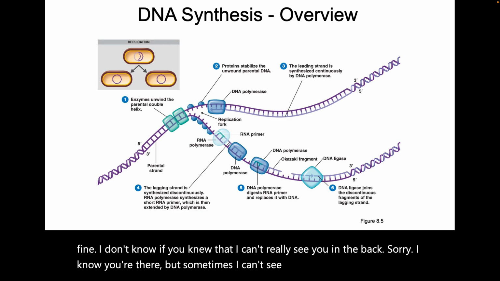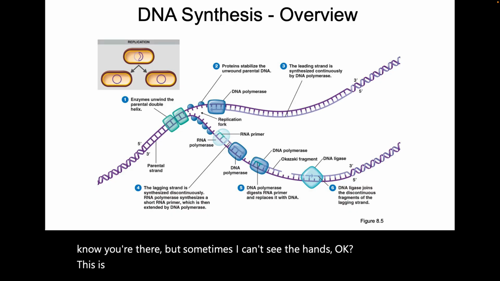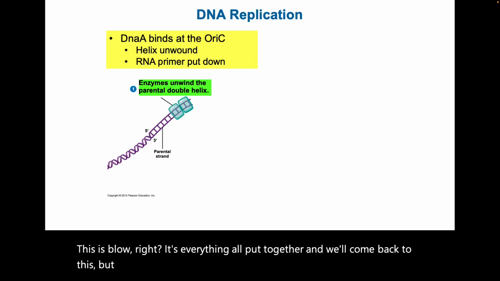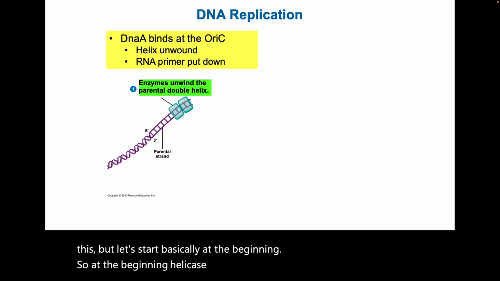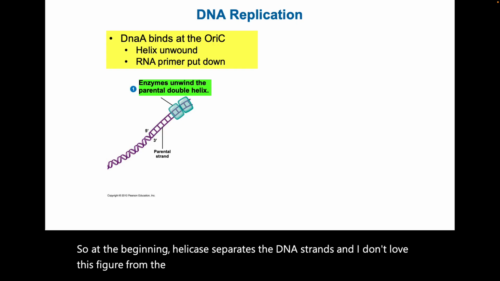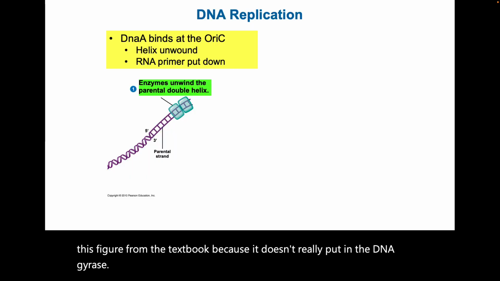Okay. This is, whoa, right? It's everything all put together. And we'll come back to this. But let's start basically at the beginning. So at the beginning, helicase separates the DNA strands. And I don't love this figure from the textbook because it doesn't really put in the DNA gyrase right away, but that's fine.